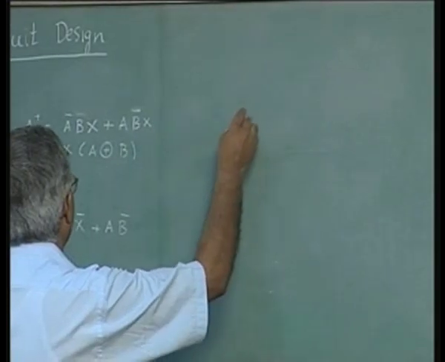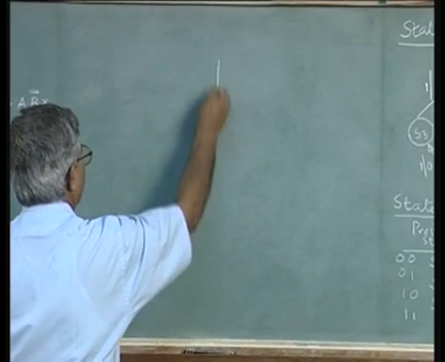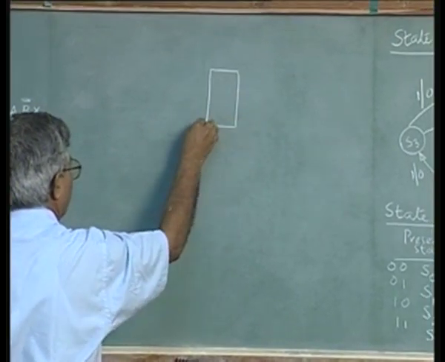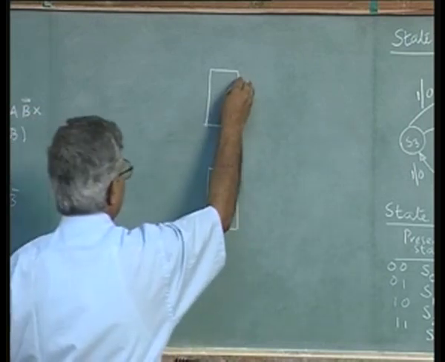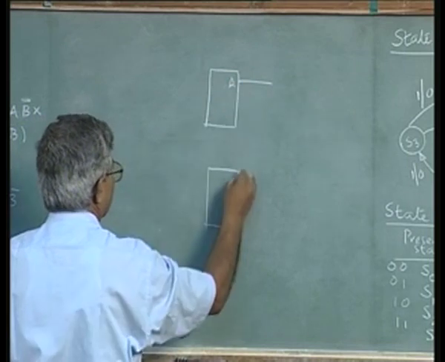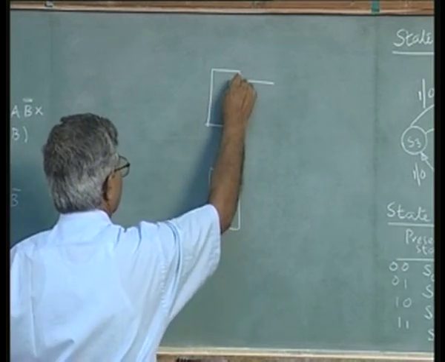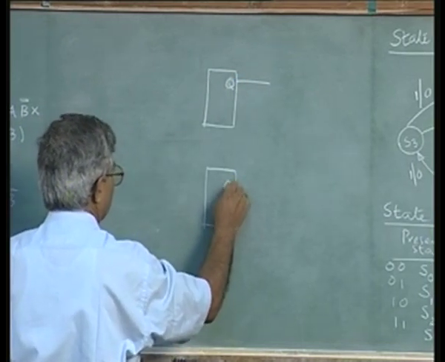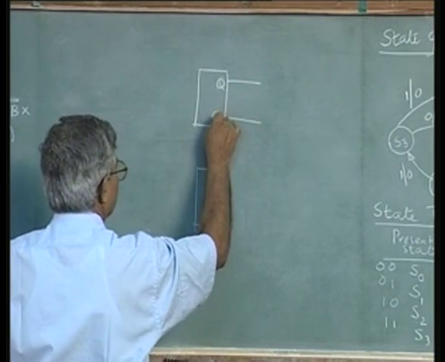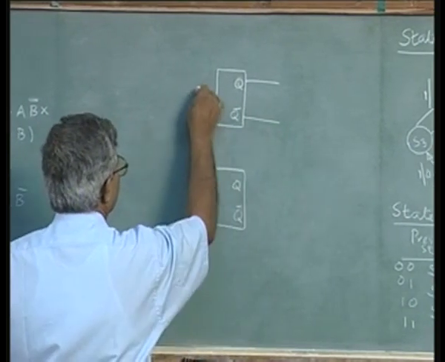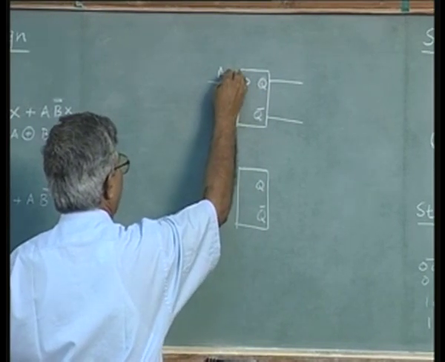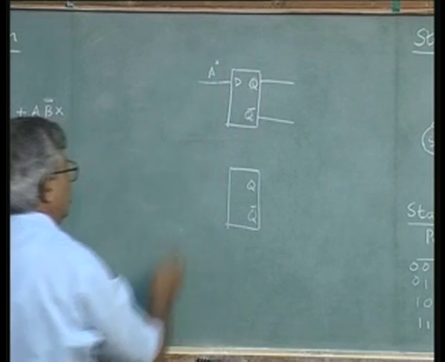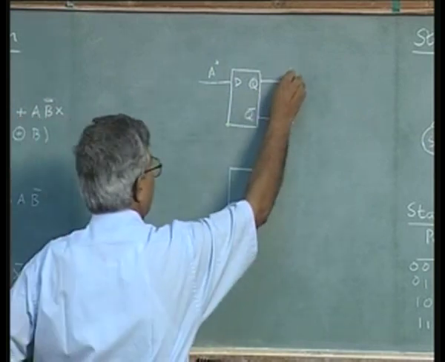So, there are 2 flip flops, one of them is going to be called A, the other is going to be called B. What I mean by A bar is the input to the flip flop A, that is A plus, the output is A here.